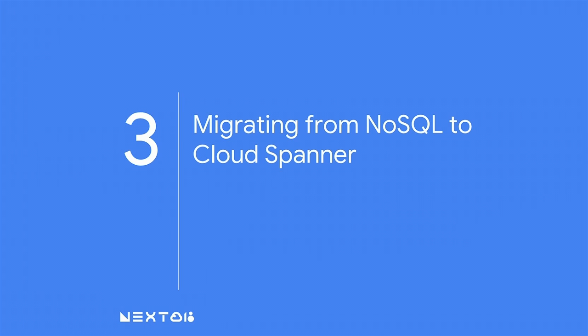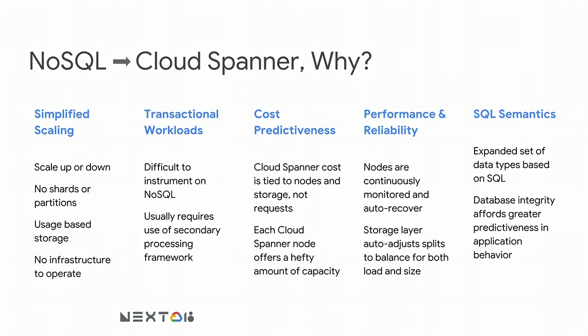OK. Migrating from NoSQL. So the obvious thing here is that Spanner is not a NoSQL database. But we have a lot of customers coming to us and saying, hey, I made these design choices in my application stack a while ago where I couldn't scale in a traditional relational database very easily. And so I had to decide what I was going to give up.